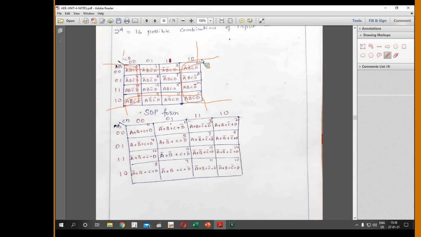So topmost row is adjacent to the bottommost row, so you could form an octet. So next, the rightmost column is also adjacent to the leftmost column. Okay. So we could form an octet. Okay. Is it clear?